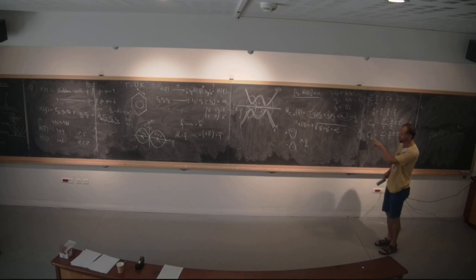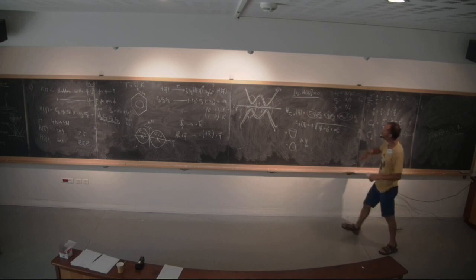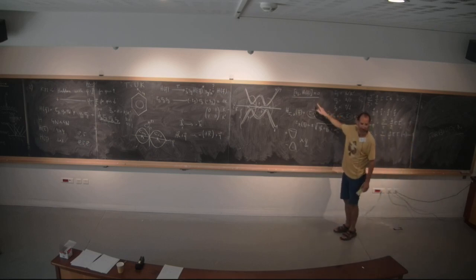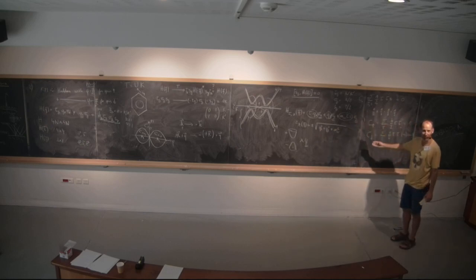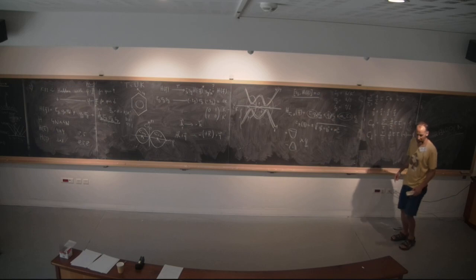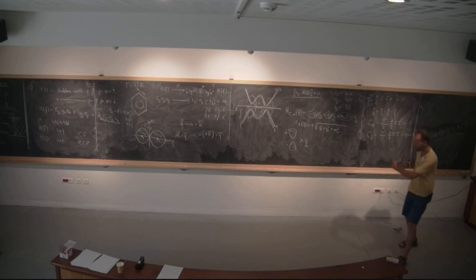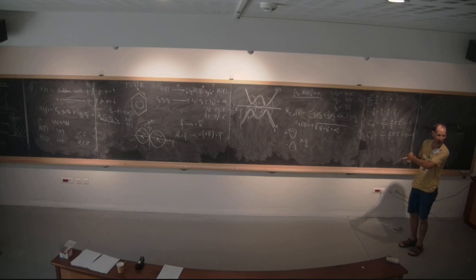So the prediction of this artificial model in which SZ is conserved is that if I have an edge to my system with the vacuum, I should have counter-propagating edge modes living on the same edge, but they have a property which is that they are spin momentum locked. Those that move in this direction are spin up.